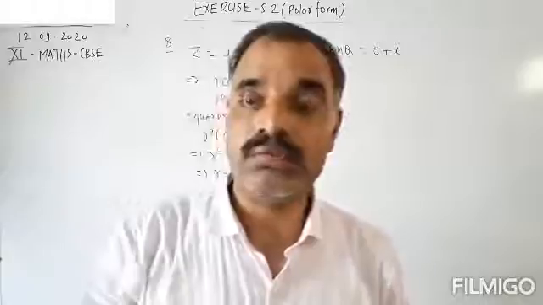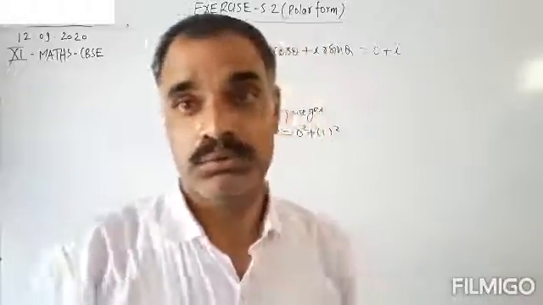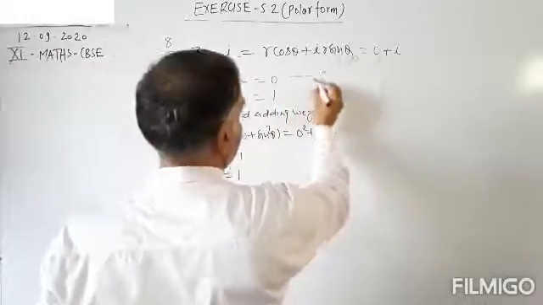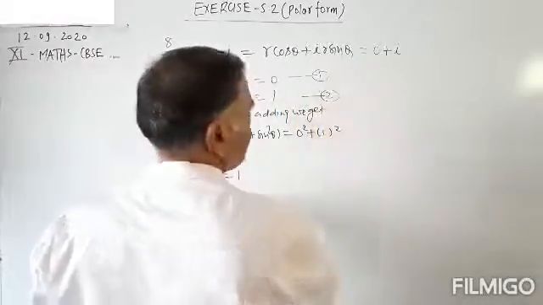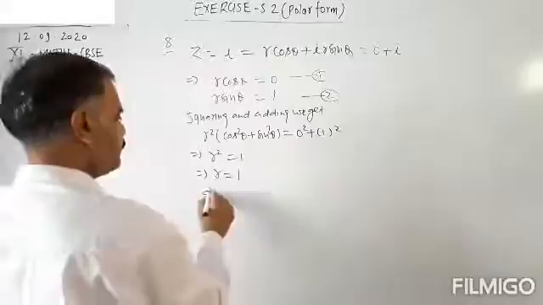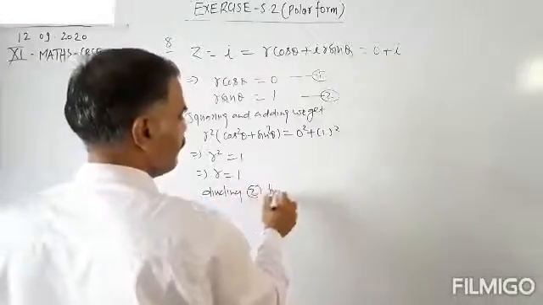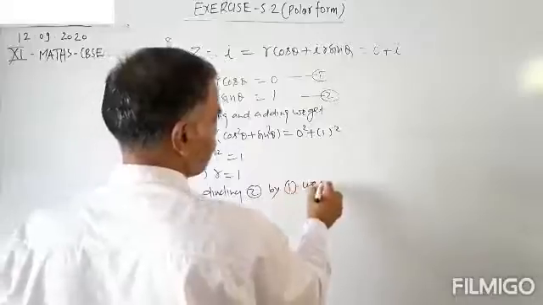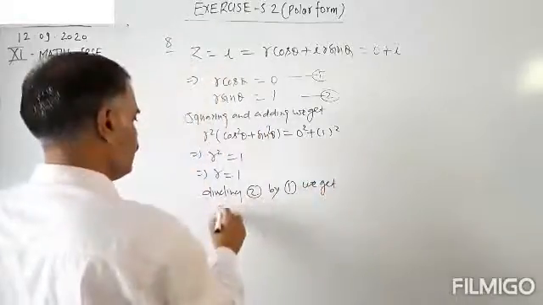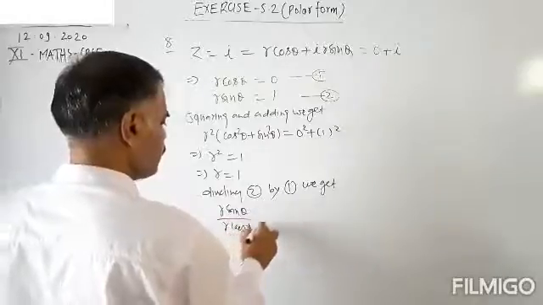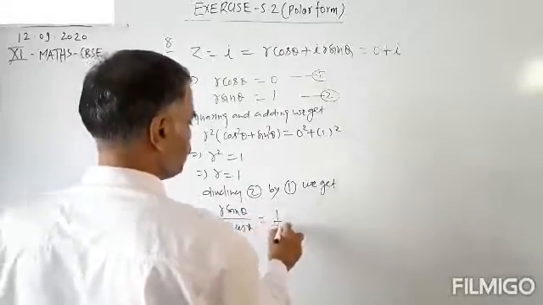Now we have to find the amplitude. This is equation number first and this is equation number second. Dividing second by first, we get r sin theta upon r cos theta equals 1 upon 0.